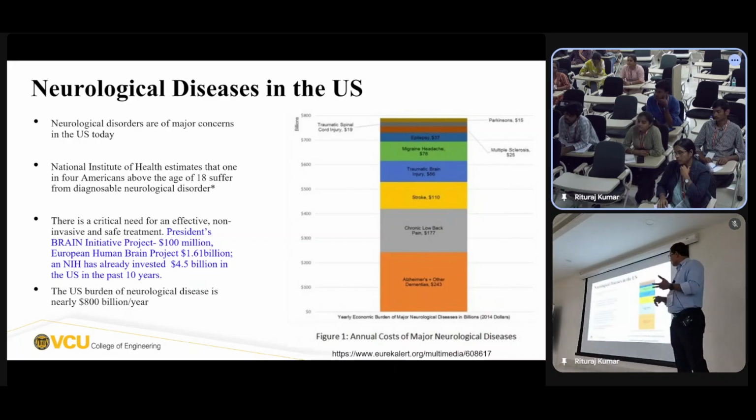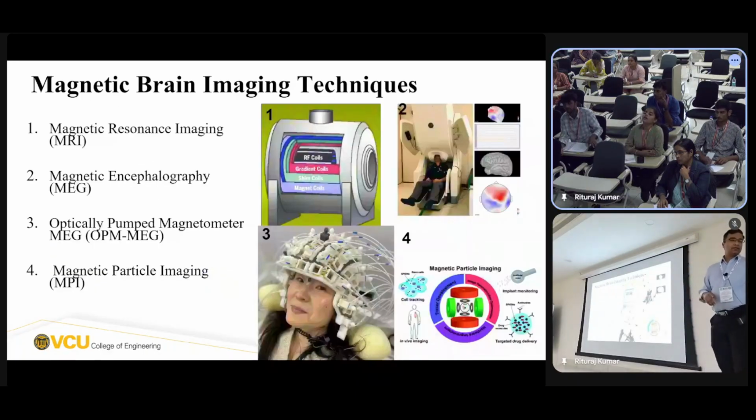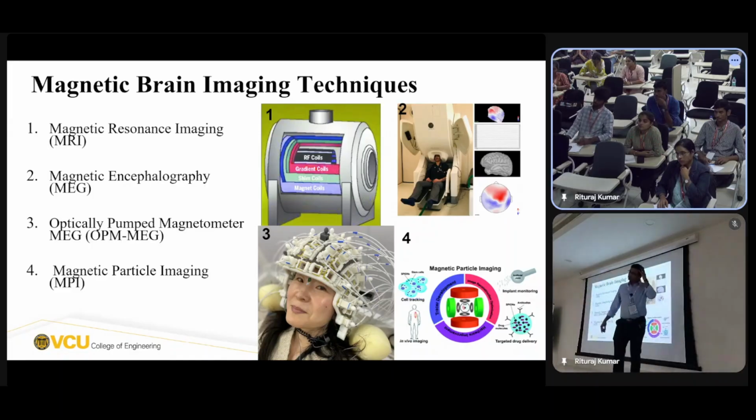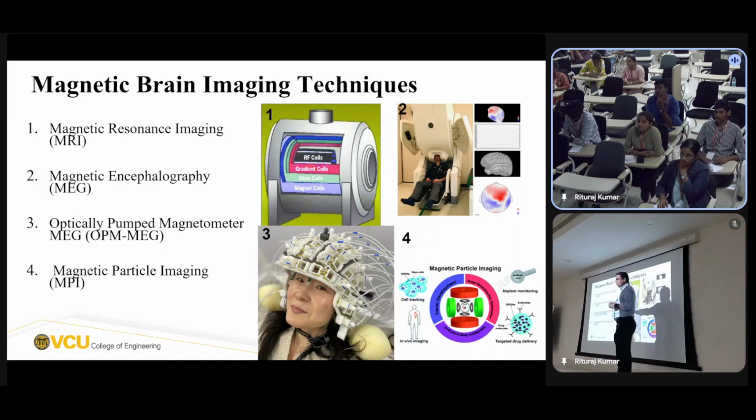And there is something called MEG, okay? MEG is magnetoencephalography. Encephalography means mapping the brain. There is also the optically pumped magnetometer, or OPM MEG.